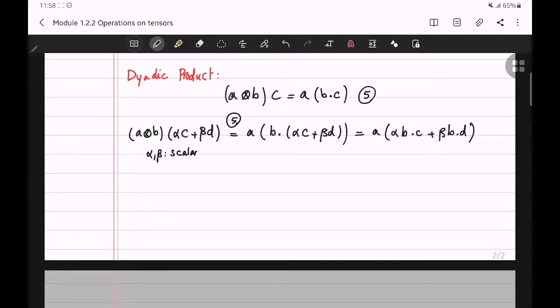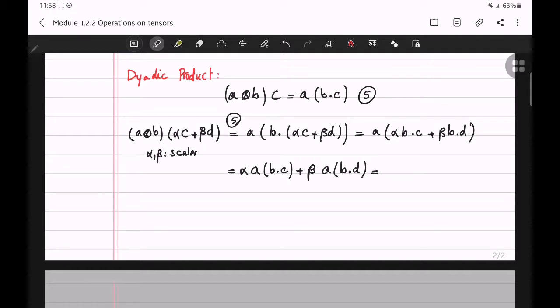And here you can also rewrite this as α a(b · c) plus β a(b · d). And that's it.